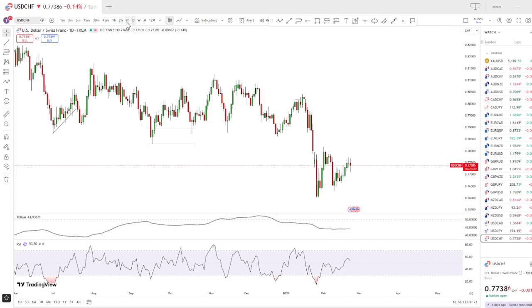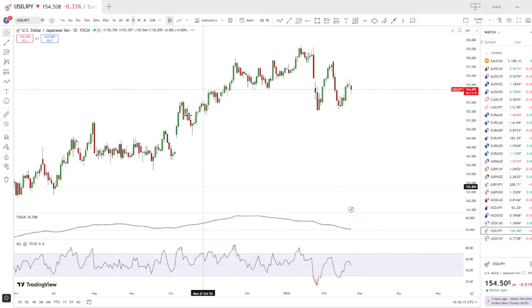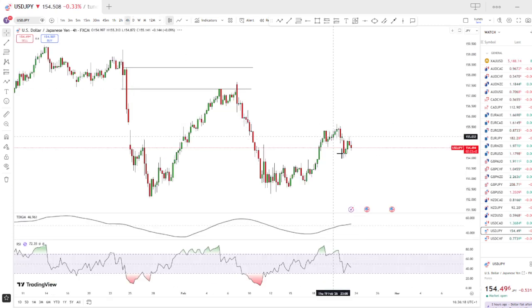All right, let's take USDJPY. Let's take USDJPY daily time frame.